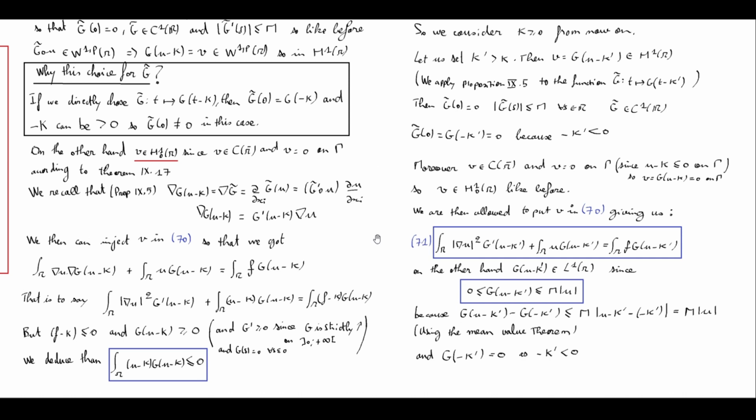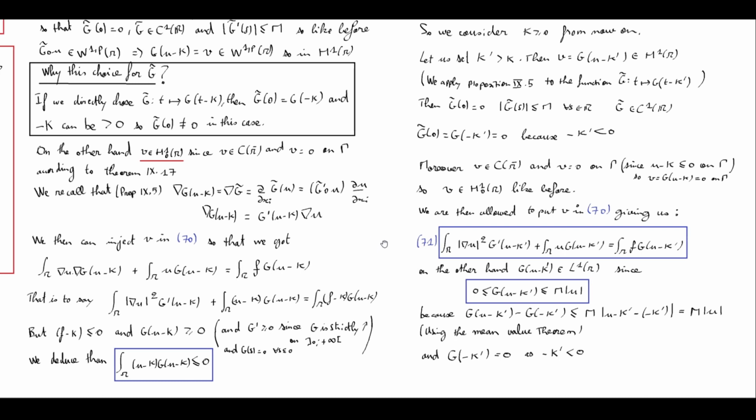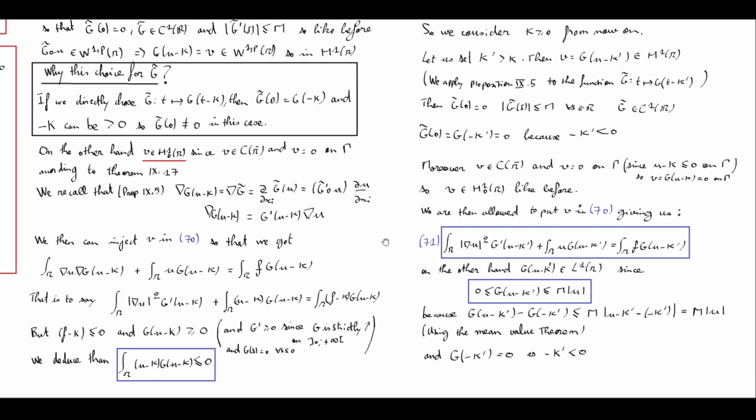That is to say, with the formula of the derivative of g of u minus k, we have the integral on omega of the absolute value squared of the gradient of u times g prime of u minus k, plus the integral on omega of u minus k times g of u minus k, equals the integral on omega of f minus k times g of u minus k.